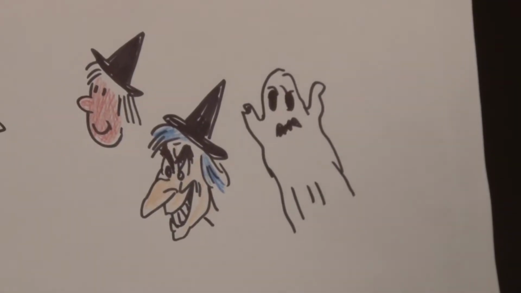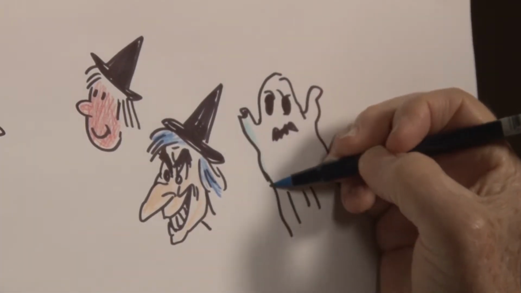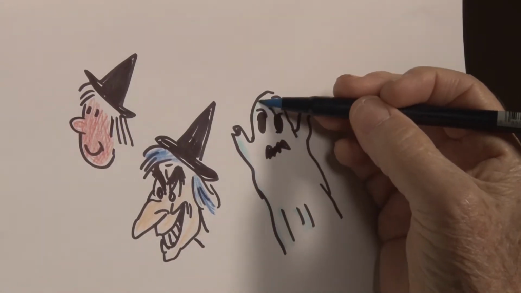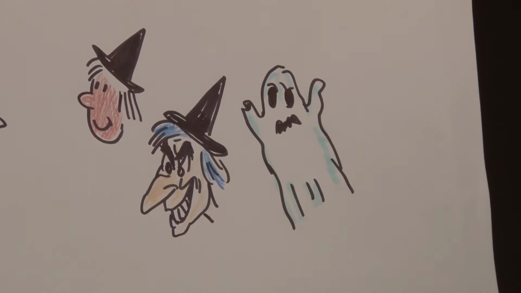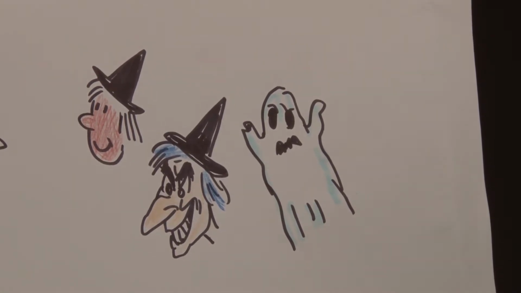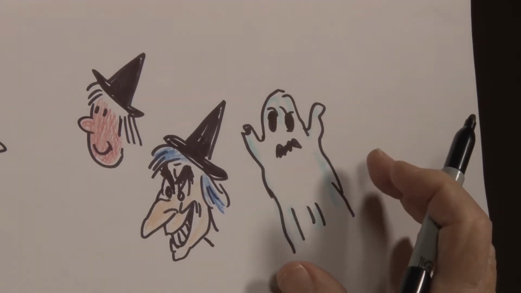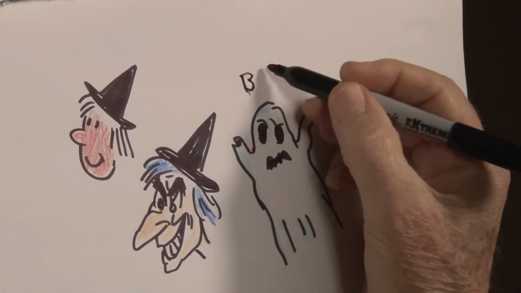Well, we're back. In cartoons, comic book cartoons, oftentimes there's a little tinge of blue around the ghost's sheet. But now that's a spooky-looking ghost. We might be afraid of it. Of course, the ghost's always saying boo.